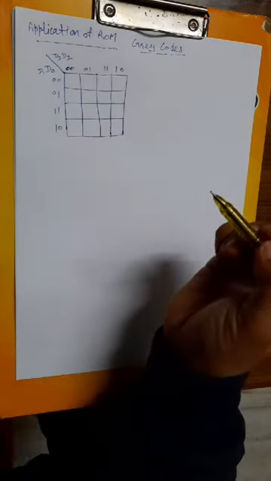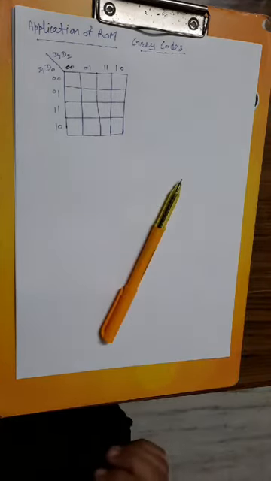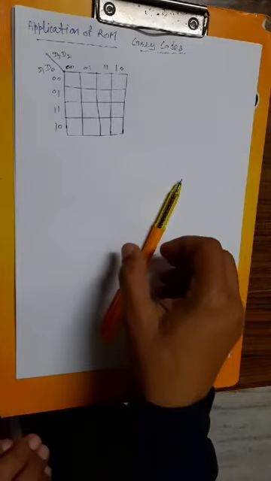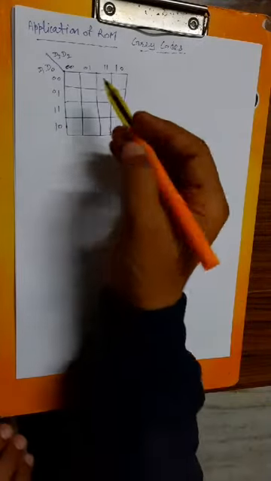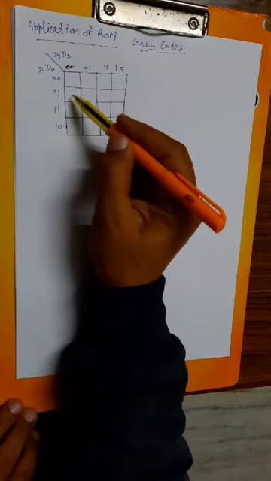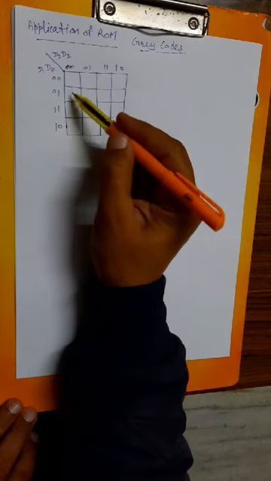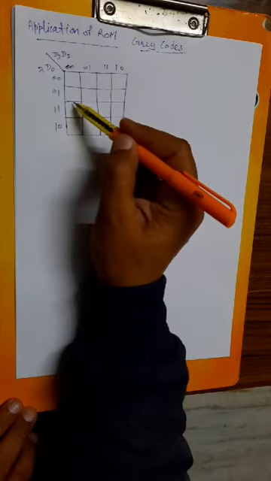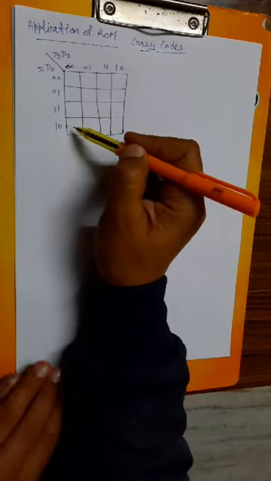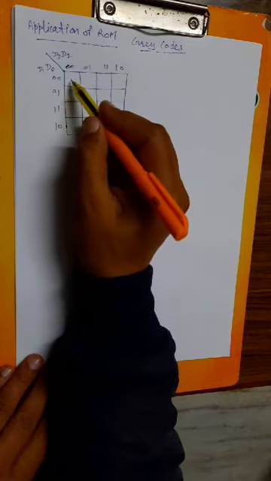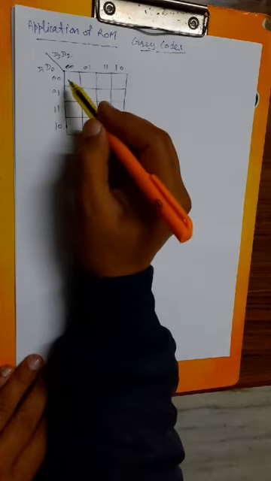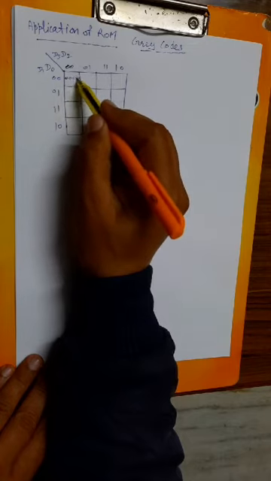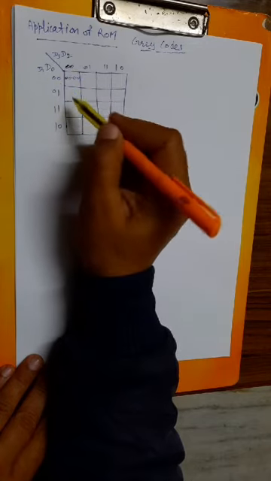To generate gray codes from the K map, we know that in a K map two adjacent cell codes differ by one bit only. What will be the code in this cell, D3 D2 D1 D0?